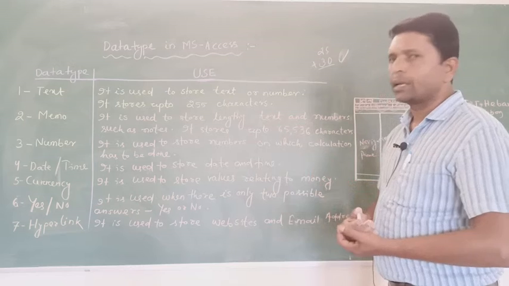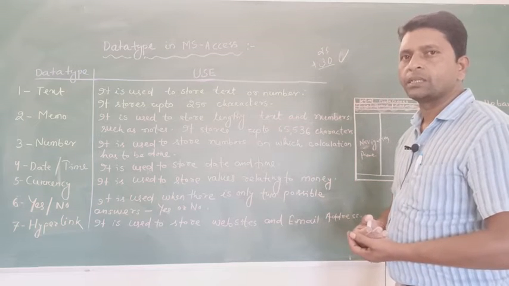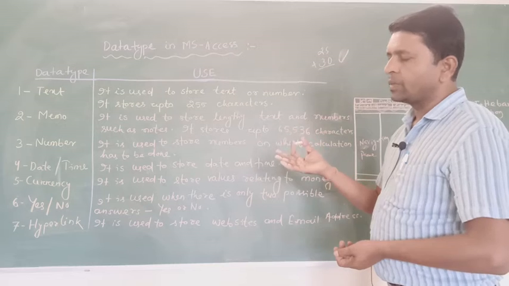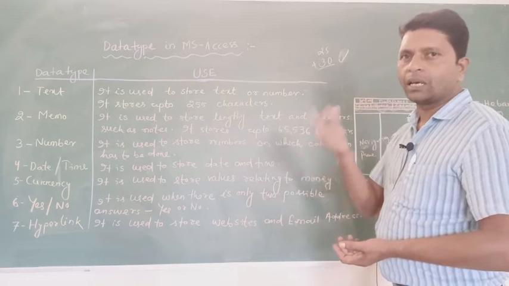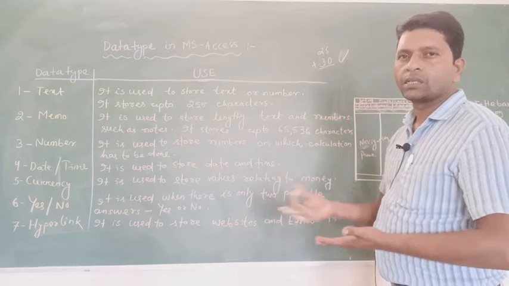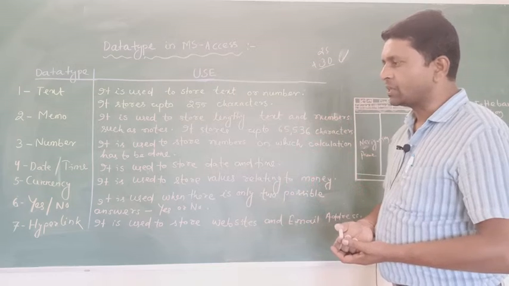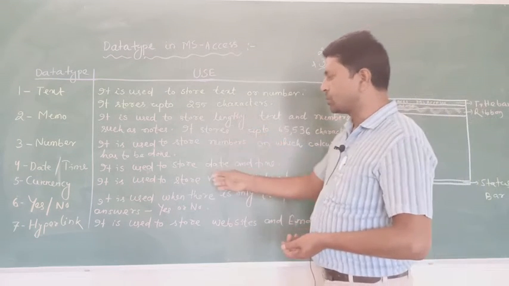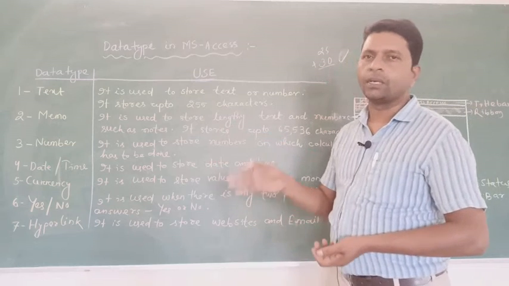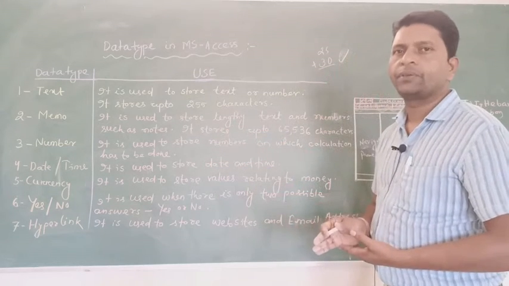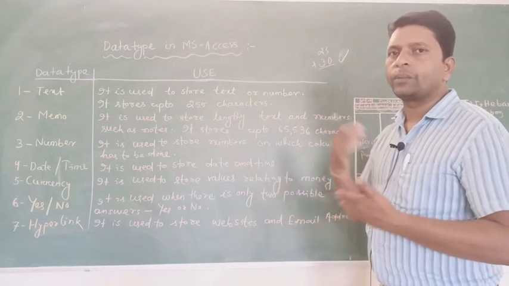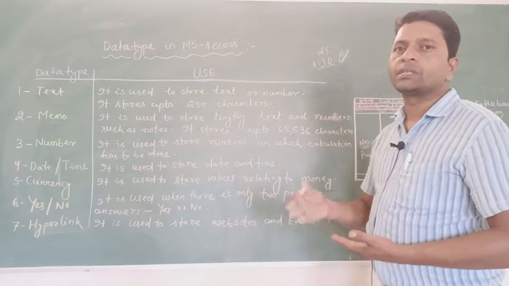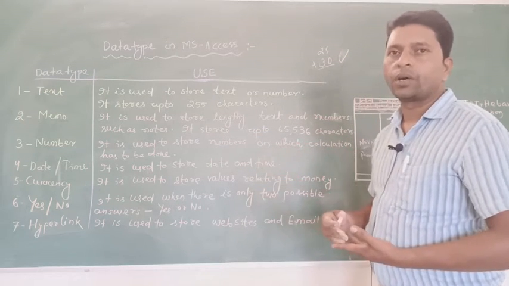The next is currency. Whenever we make a table, we sometimes need currency symbols like rupees or dollar. The currency data type is used to store currency values. If we choose it, the number entered is automatically added with a symbol like rupees or dollar.